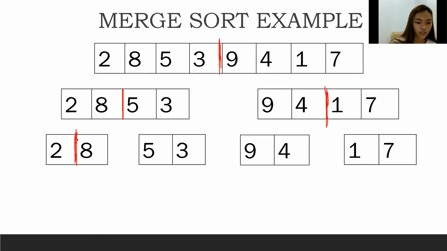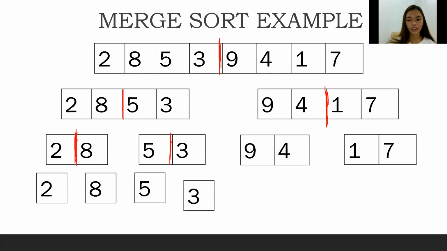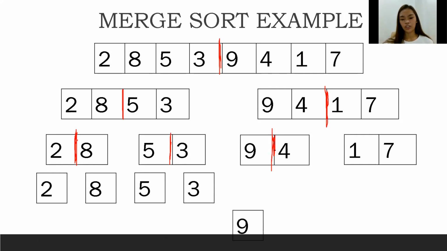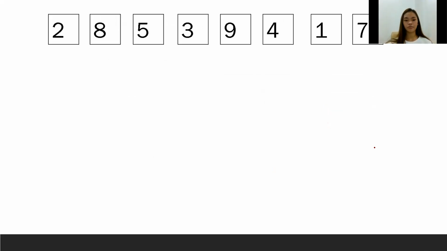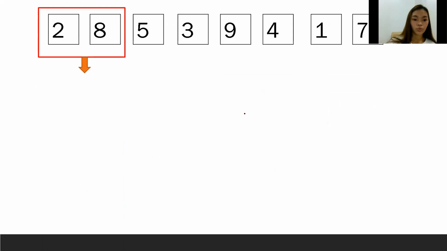Do the same on the rest. Divide it, so it's going to be 2 and 8, 5 and 3, 9 and 4, and lastly 1 and 7. Since they're all separated, all we have to do is box them into 2.